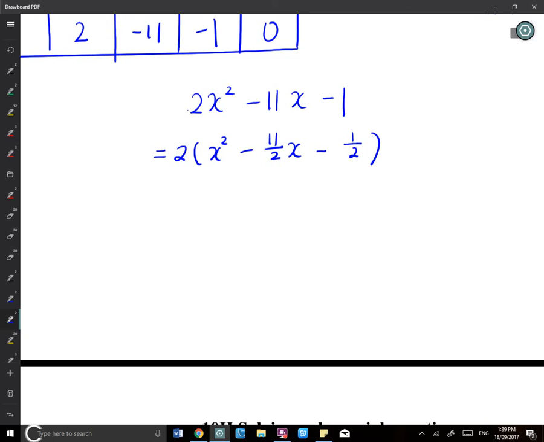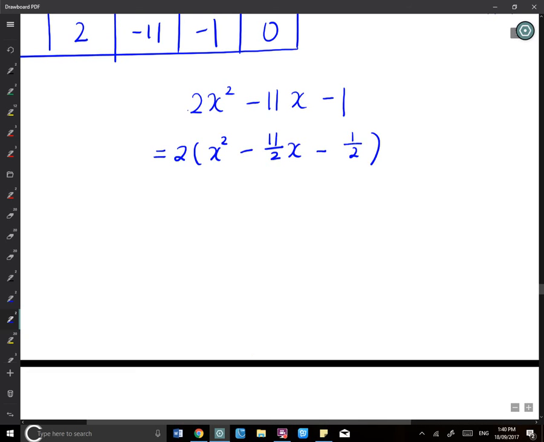You want to factorize that, and the only method we can try is completing the square. For completing the square, you need to make a single x squared. You can't have multiple x squares there. So we take a 2 outside as a common factor, and then my middle term b is 11 over 2.